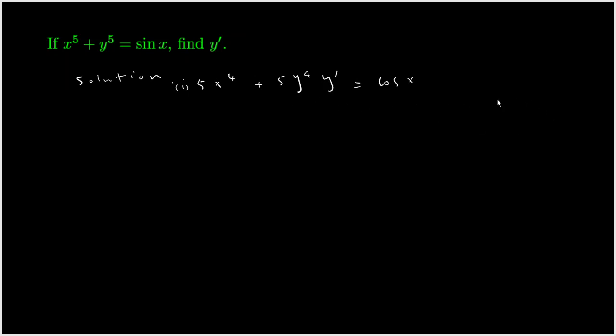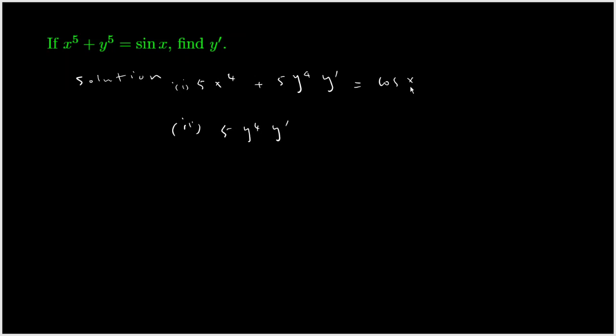So you have that. The second step is a little different from here, so do not cancel out 5. In this case, you cannot cancel out 5, because 5 is not a factor of the right hand side. Solve the equation for y prime. Isolate the term involving y prime. So you have 5 times y to the power 4, times y prime.